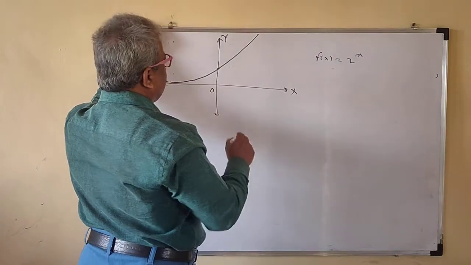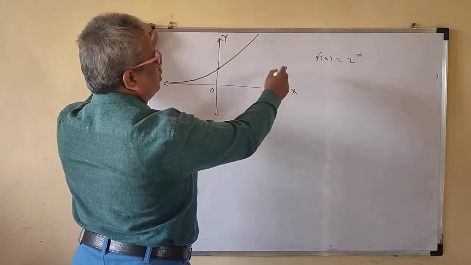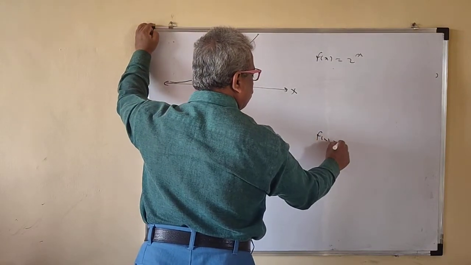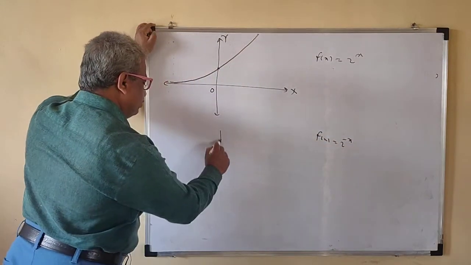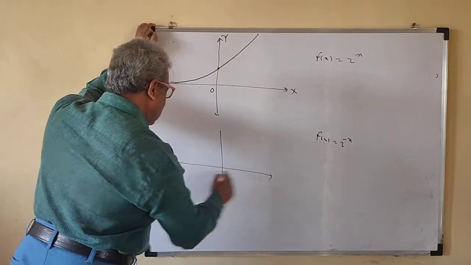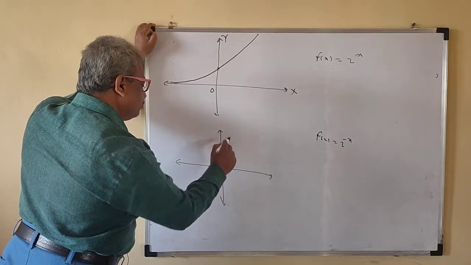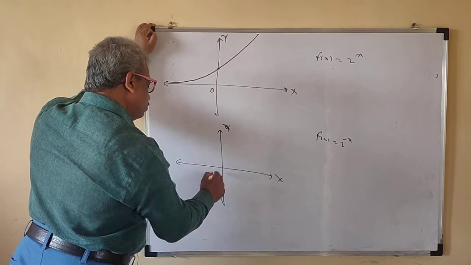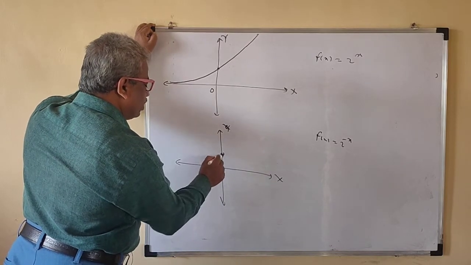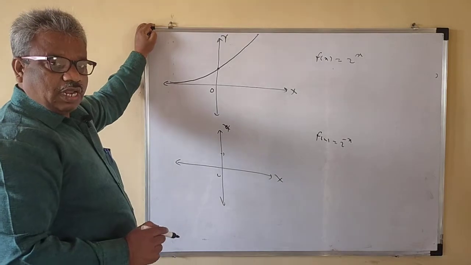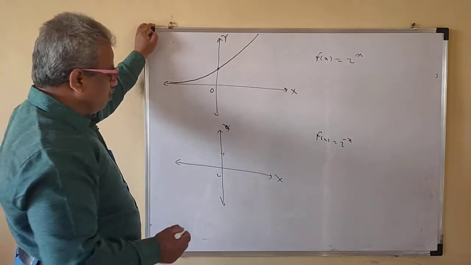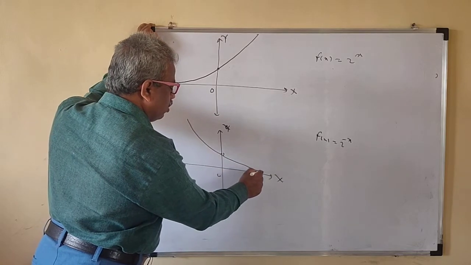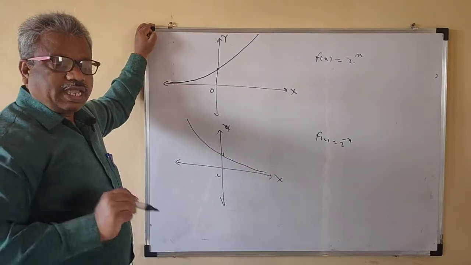So if it is minus x, then the graph of this function will be like this. So this is 2 raised to x. Suppose f of x is equal to 2 raised to minus x. Then the graph of this function is always passing through 1, because if x is equal to 0, then this is 1. It tends to 0.